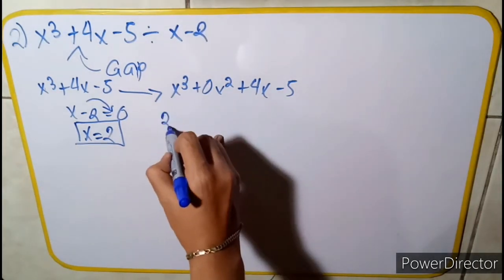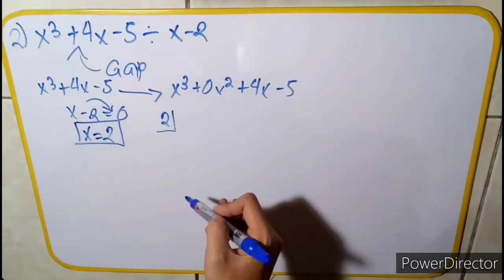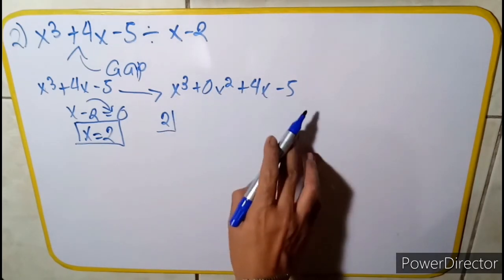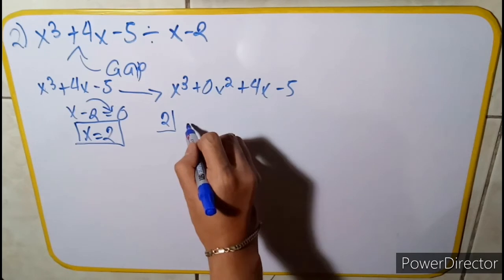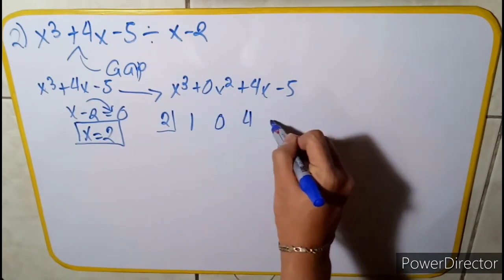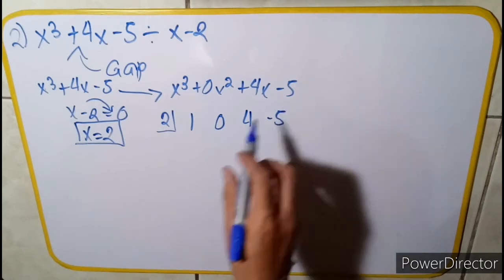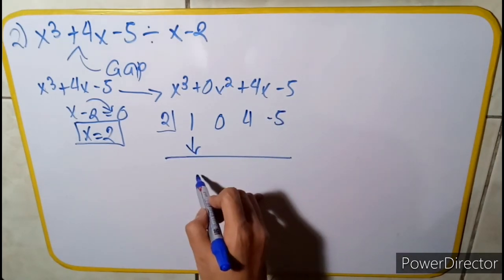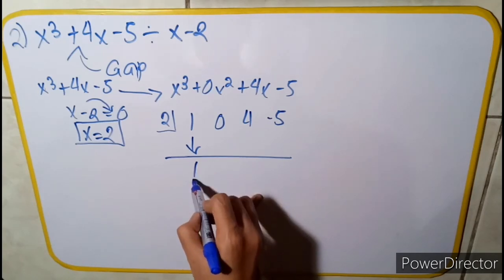Now we will write the coefficients and constant in each term of the polynomial in standard form. We have 1, 0, positive 4, negative 5. Then bring down positive 1.